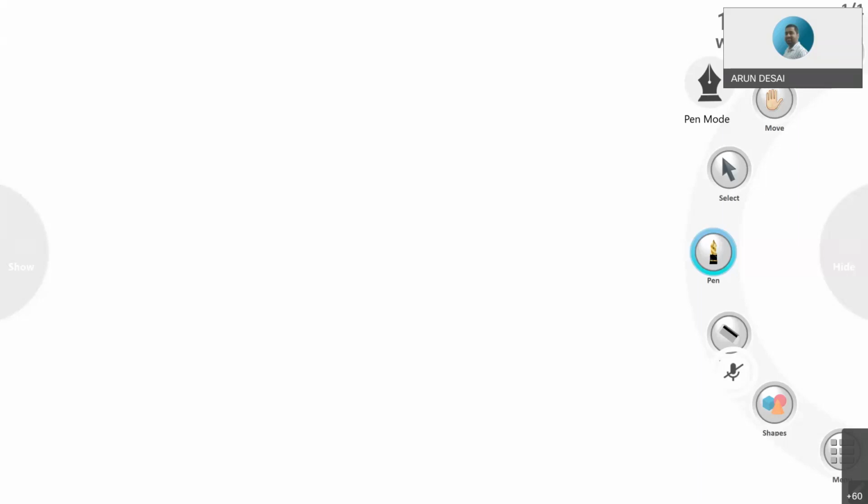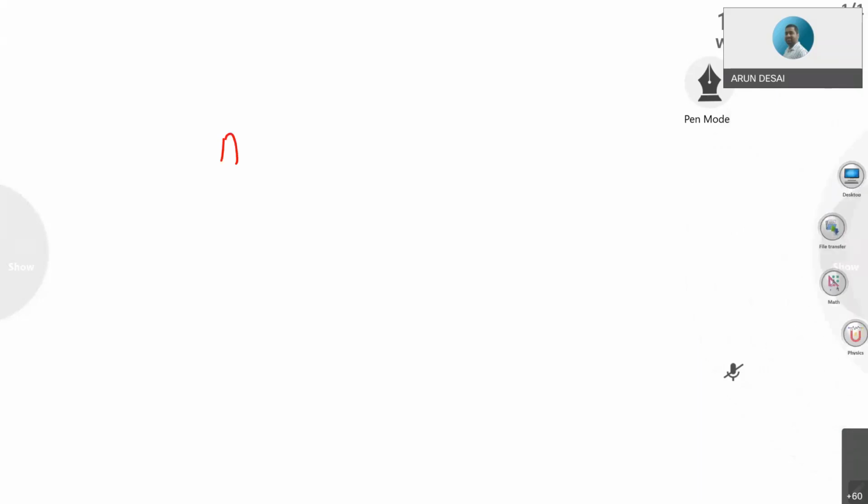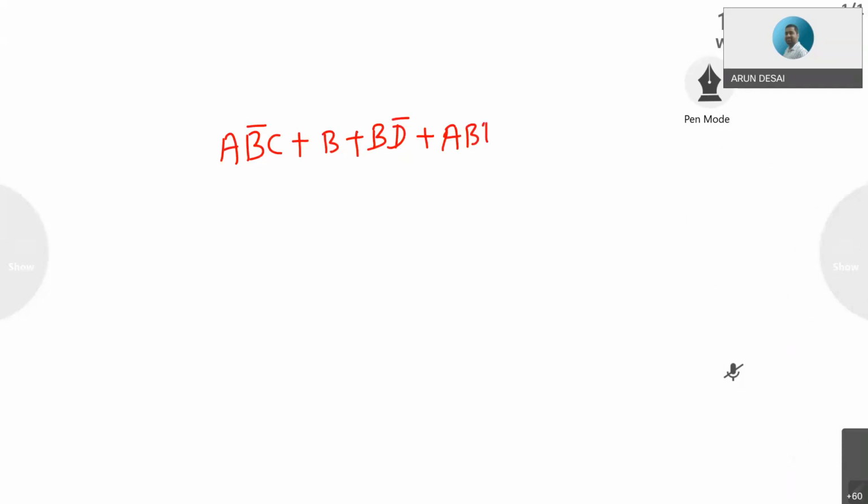Solve an example: A plus B, A B complement C plus C, plus B D complement plus A B D plus A complement C equal to B plus C. Let's try to solve this.